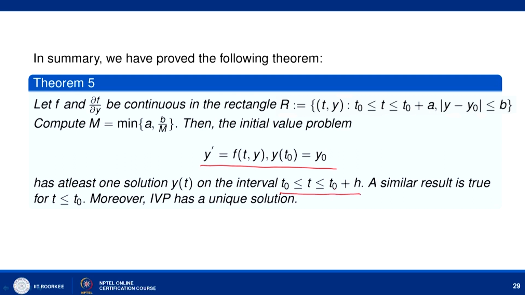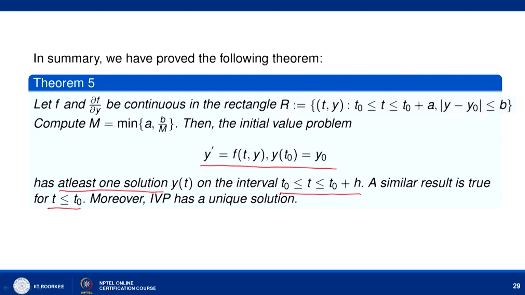This theorem guarantees that there exists at least one solution, and we can also use a similar argument to show that the solution exists for some interval t less than or equal to t naught in the same way. And now we want to show that not only does it have one solution, but it has a unique solution.